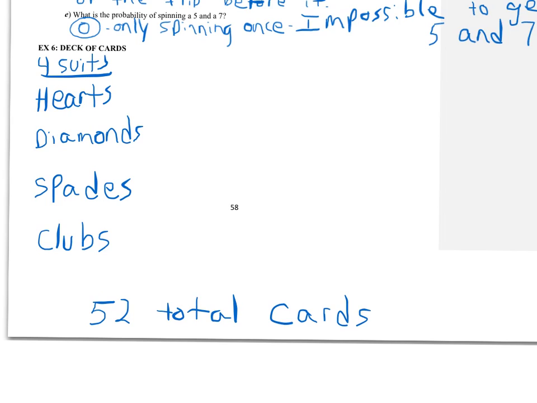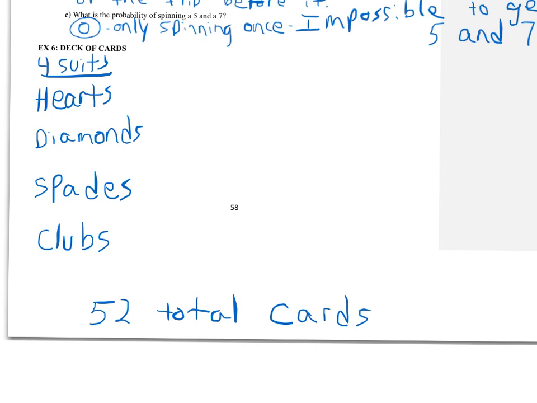Now, if there are 4 different suits, how many cards of each suit are there? How would you figure that out? You know there are 52 total cards, and there are 4 different suits. So how many cards are there of each suit? Well, you basically divide 52 into 4 different categories. So 52 divided by 4 will give you 13.